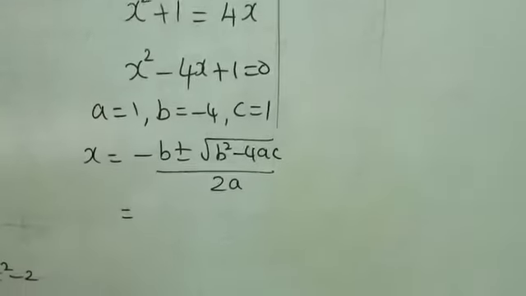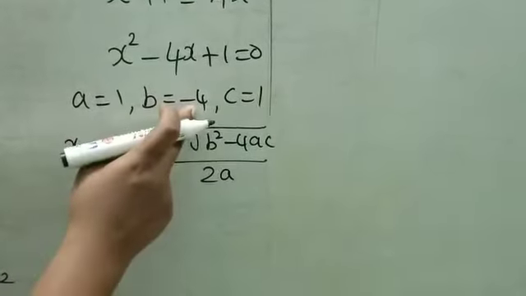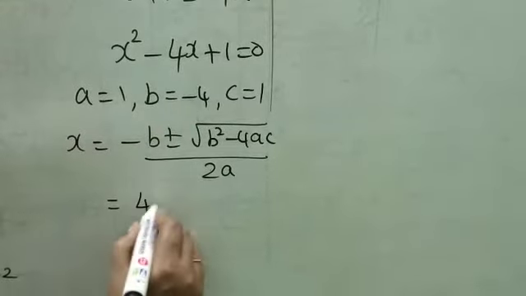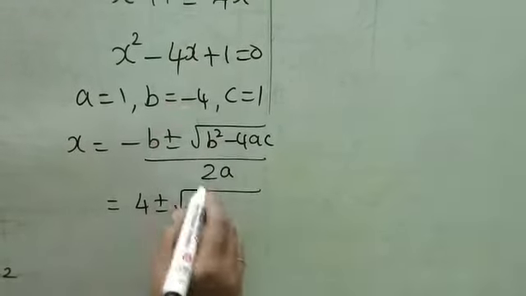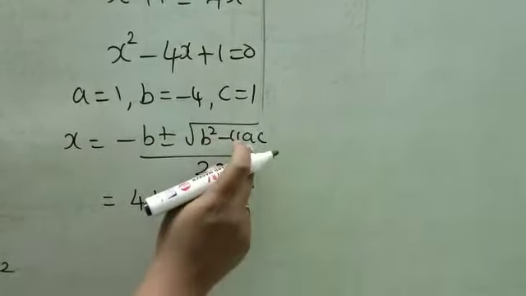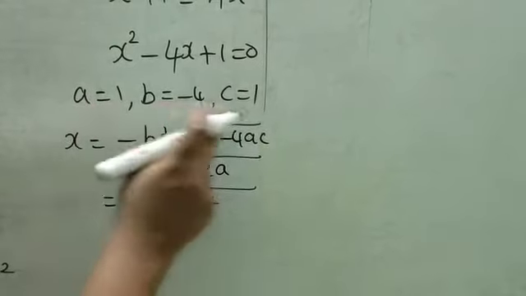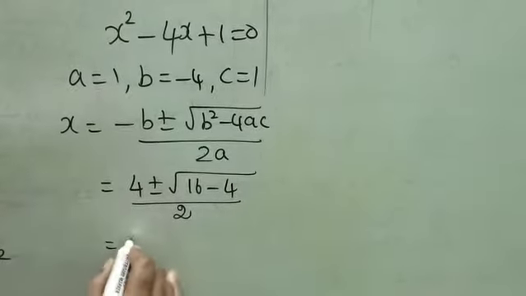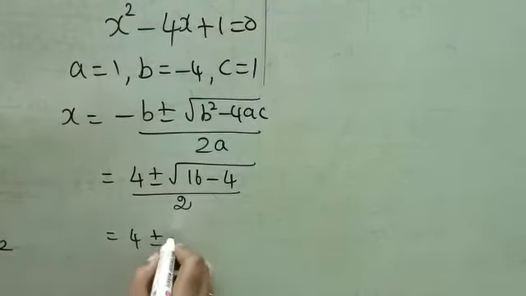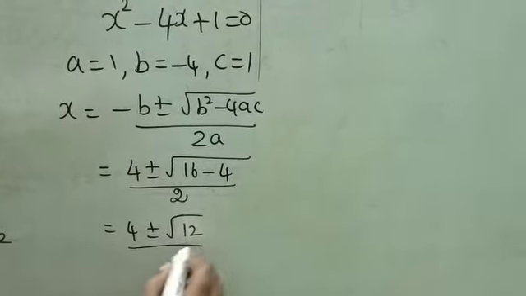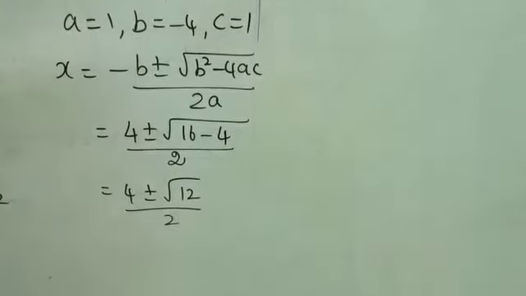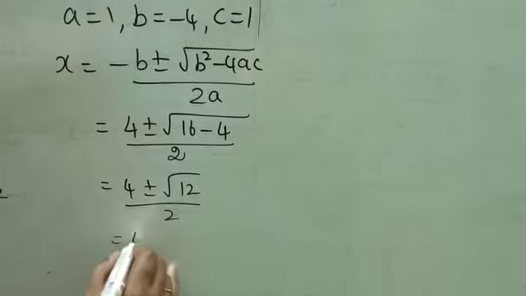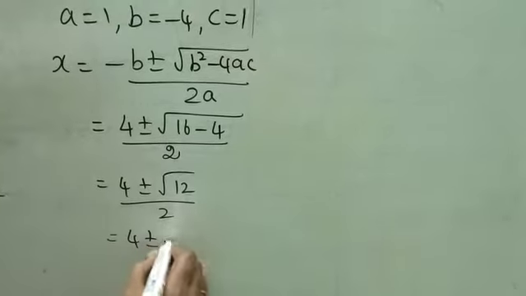Substituting the a, b, c values: minus b, already minus 4 is there, it becomes plus 4. b², minus 4 whole square is 16. 4ac, that is 4 into 1 into 1, that is 4. 2a, 2 ones are 2. 4 plus or minus root of 16 minus 4, which is 12. 12 is not a square number, we split 12 as 4 threes are 12.